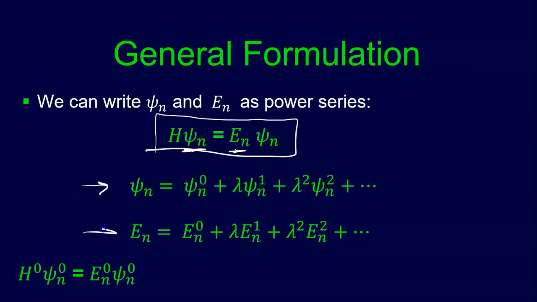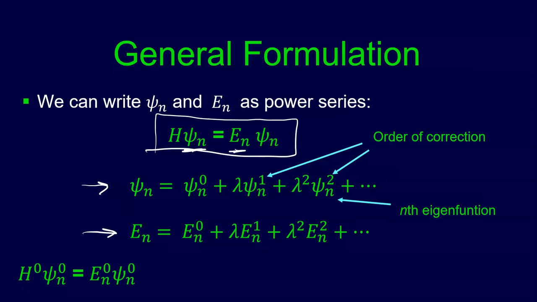Here we're going to make those a power series in terms of these lambdas. So this is the 0th order, which is the solution without the perturbation, the first order, the second order, and so on and so forth. For each order, you get another factor of lambda. Those superscripts are the order of the correction, and the subscript is the number of the particular eigenfunction, like the n equals 1 state for the infinite square well.